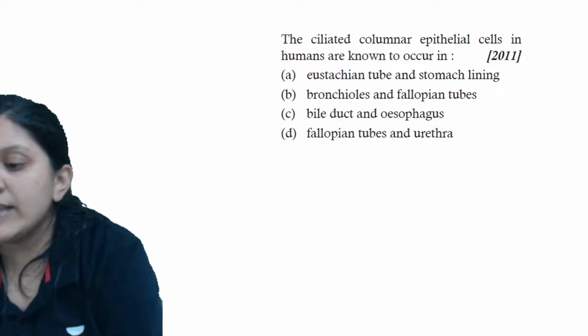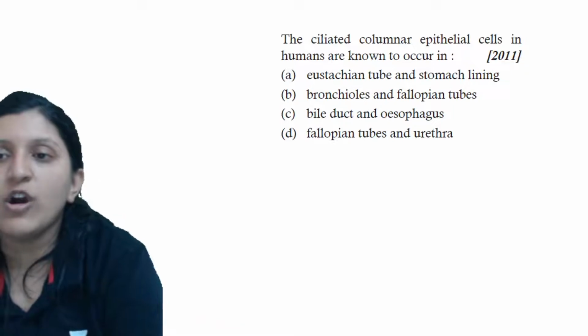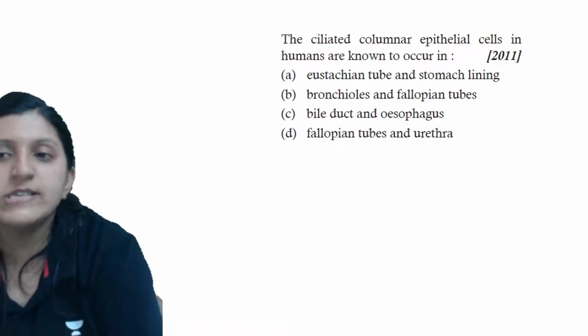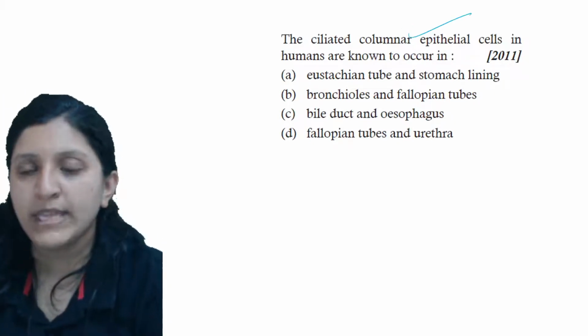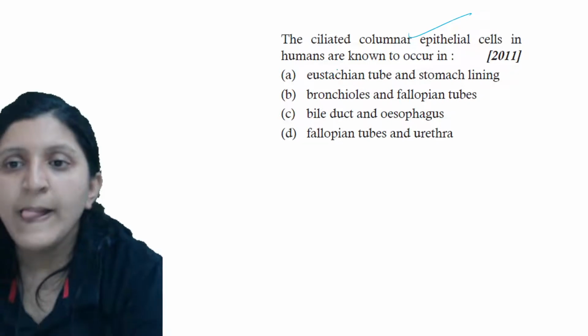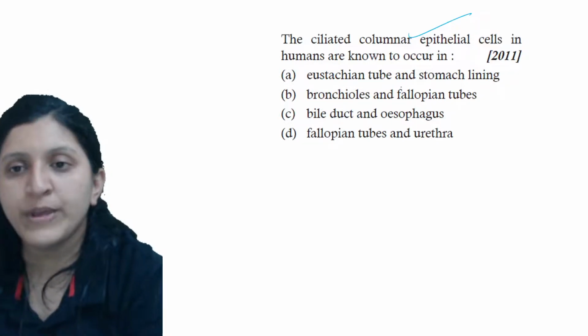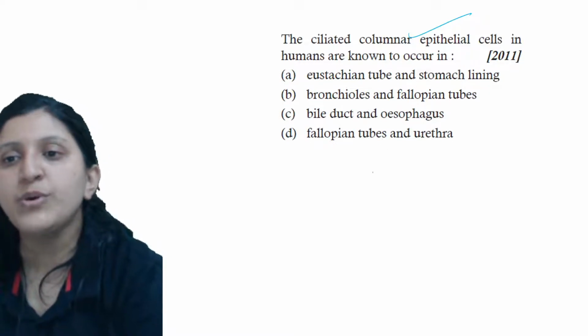Okay, we'll have a look at some questions. The ciliated columnar epithelial cells in humans are known to occur in which of these: eustachian tube, stomach lining, bronchiole, fallopian tube, bile duct, esophagus, urethra?